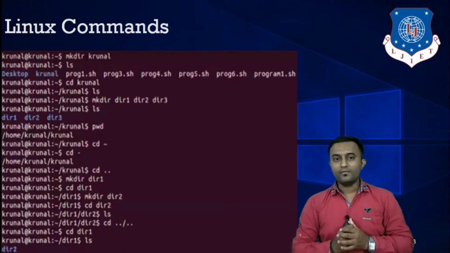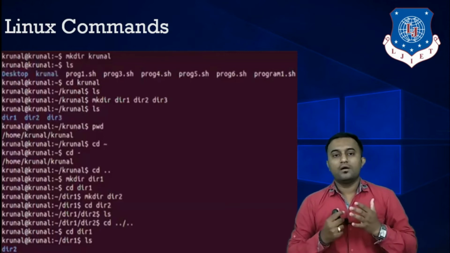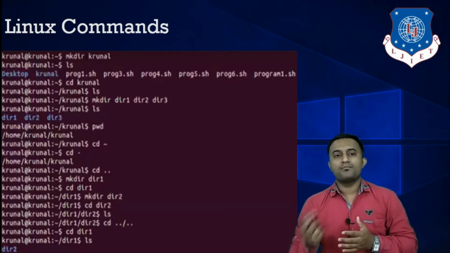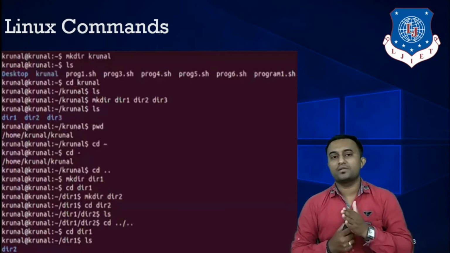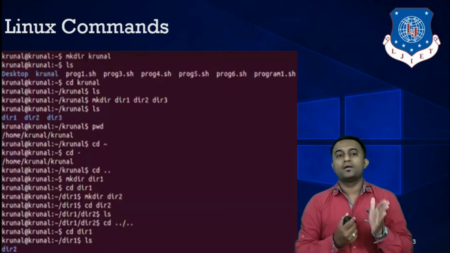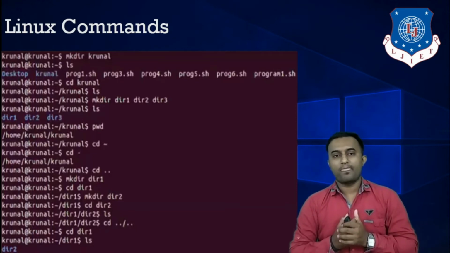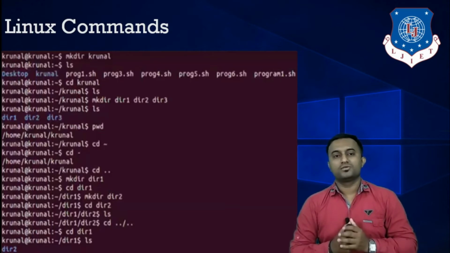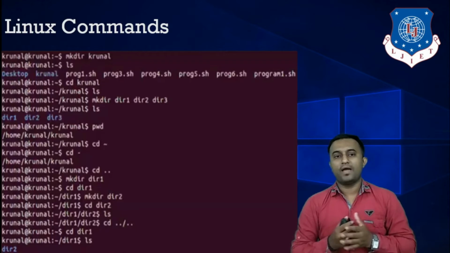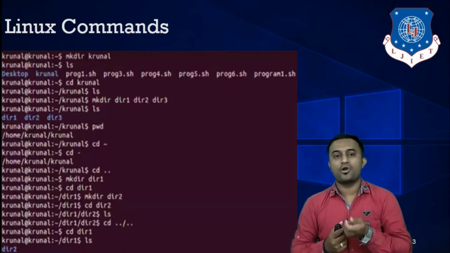Okay, fine. Then if you want to come back one level up, right now I'm in Kunal, and I need to go to the superior directory, or we can say one level up. So I need to fire this command, cd space dot dot.